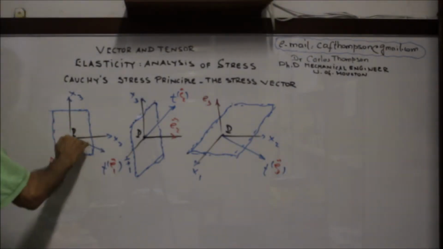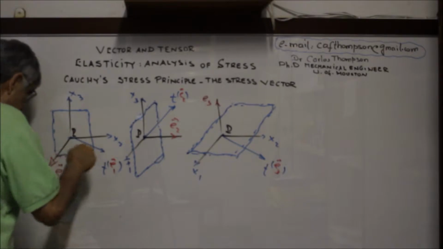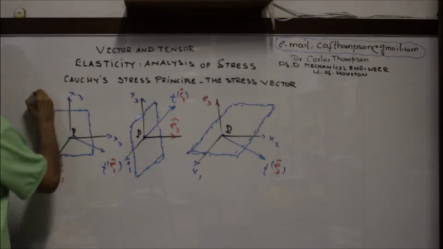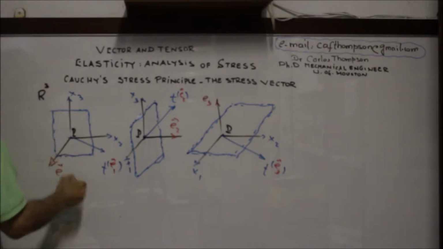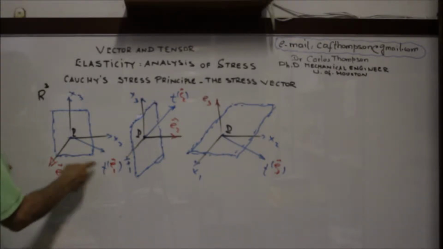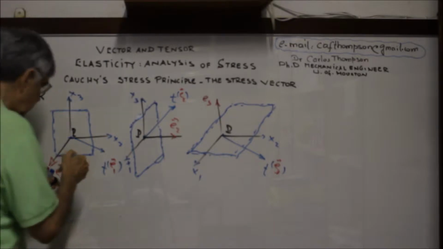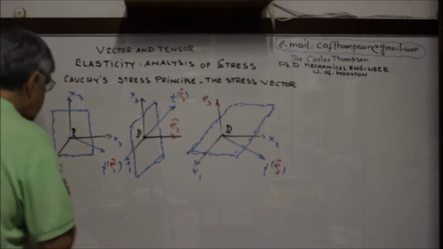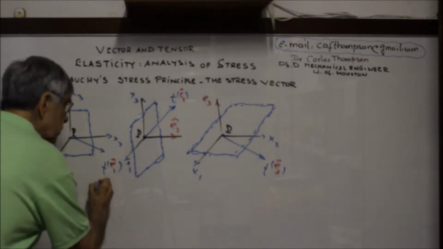This vector is in R3, so I can decompose this vector in the standard basis. So this T(E1), that's right here, I'll write down over here.